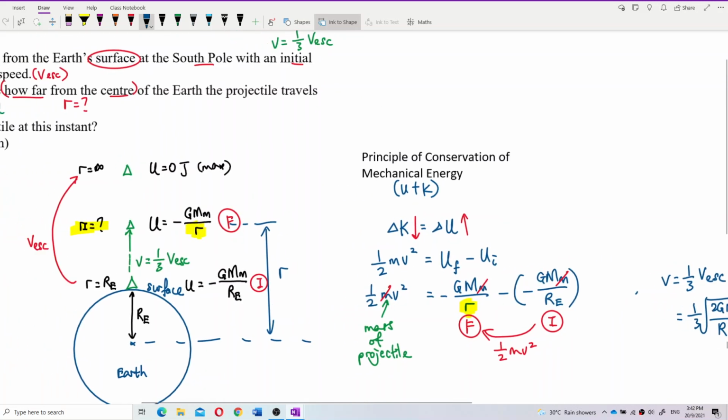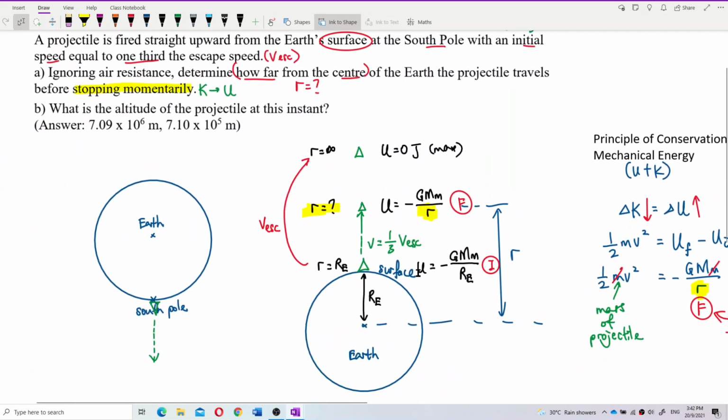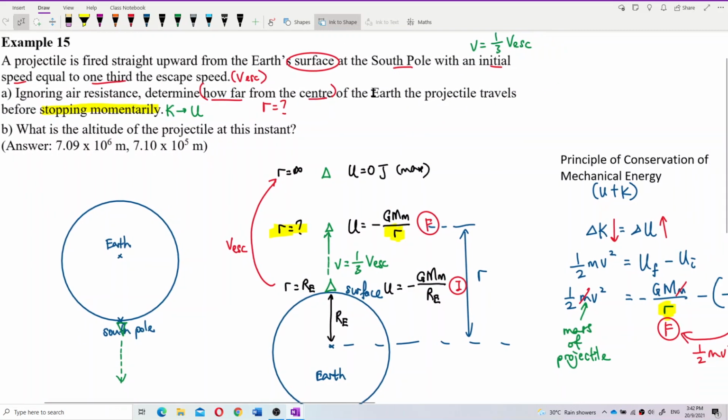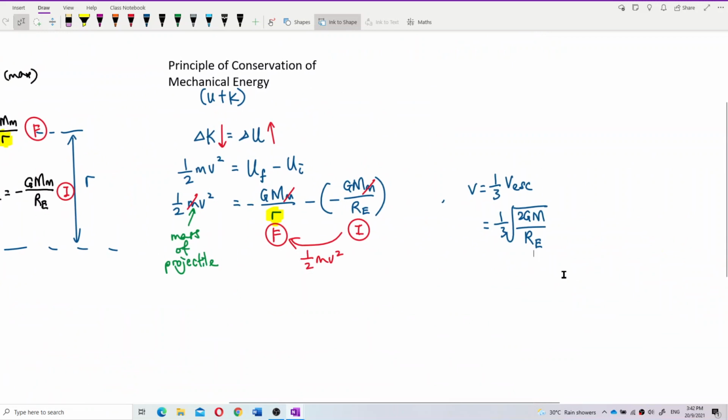Okay. The Earth radius is not given, and it doesn't give us the mass of Earth either. Never mind, we just put it into the equation first. This is the escape velocity formula, 2GM over r.